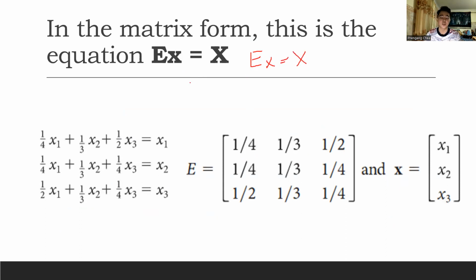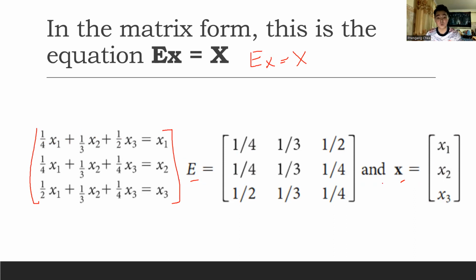This is the form of the linear economic model, and you will see it a lot in the exercises. To make the exercise easier to understand, you must know that all the constant numbers form E, and all the x are x1, x2, x3.